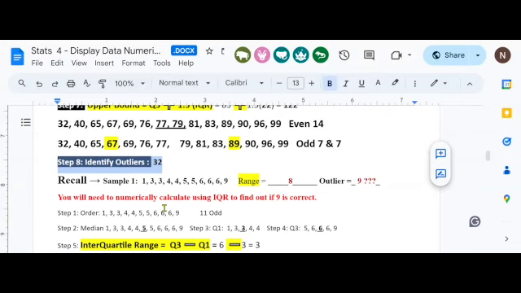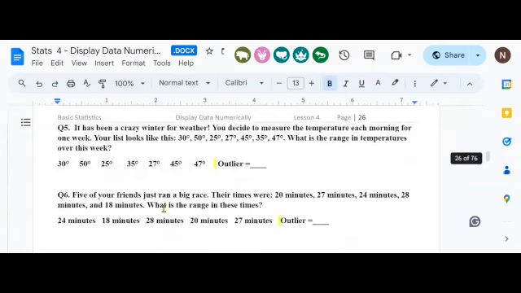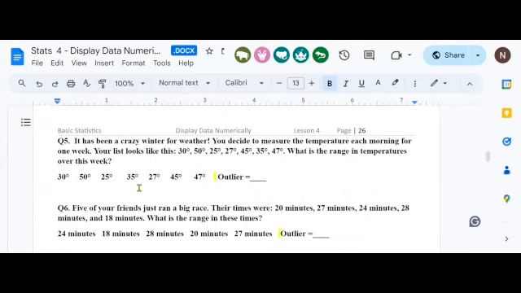Can you do one now? Yeah, question number 5. Yalla, you try it. How many numbers do we have? 7. And the fourth number is quartile 2. Yes. So I think for quartile 1, we take the first 4 digits. You have to split them equally.